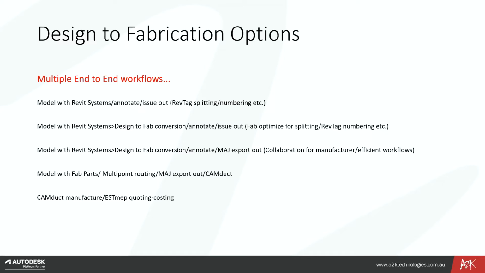There are one or two challenges that still exist in that space, but if you want to collaborate and potentially minimize the detailing required, the benefit of leveraging fabrication in the Revit environment is that it negates the requirement to populate your model with all the pertinent fabrication data, because that data is incorporated in the MAJ file, and therefore you don't need to put things like extensions on.